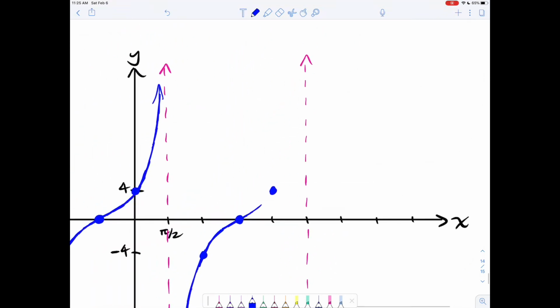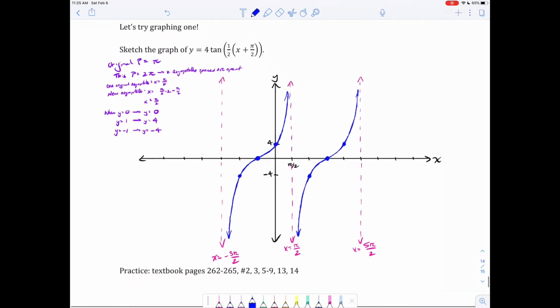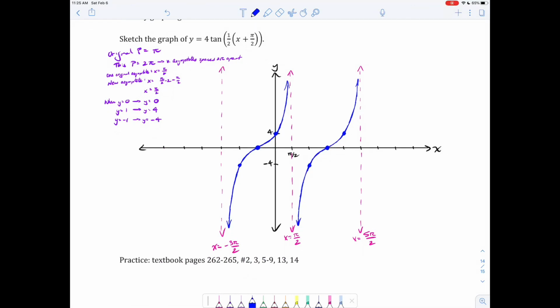And it trends toward the asymptote on the right. We could put more periods of this function if we want. This is sufficient, that's all we really need to do. So this one is considered done.